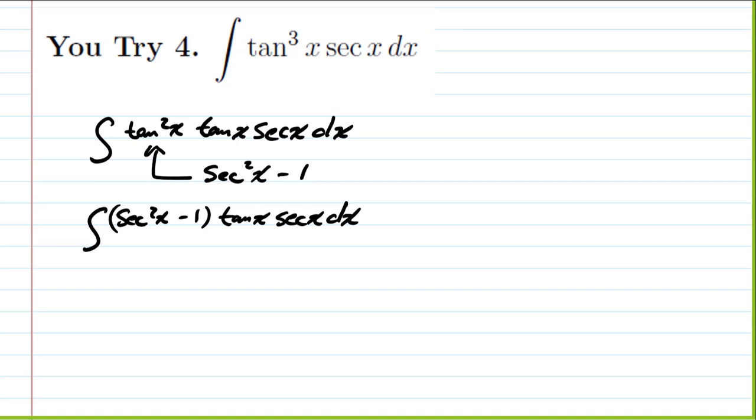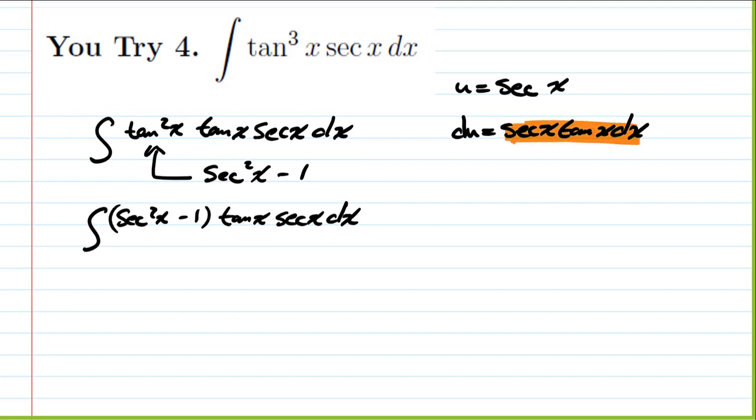And we're going to make our u substitution, u equals secant x, then du is going to equal secant x tangent x dx. So this gives us the direct substitution.